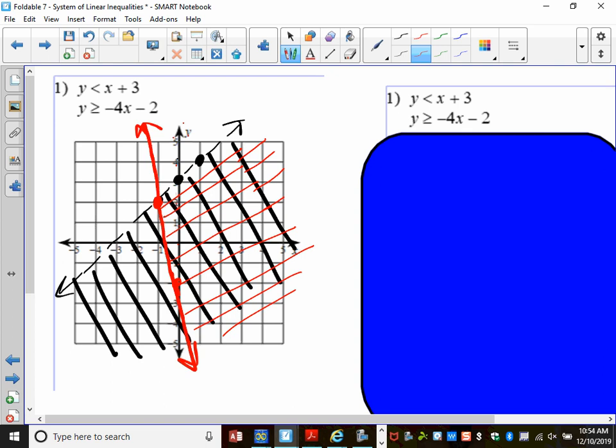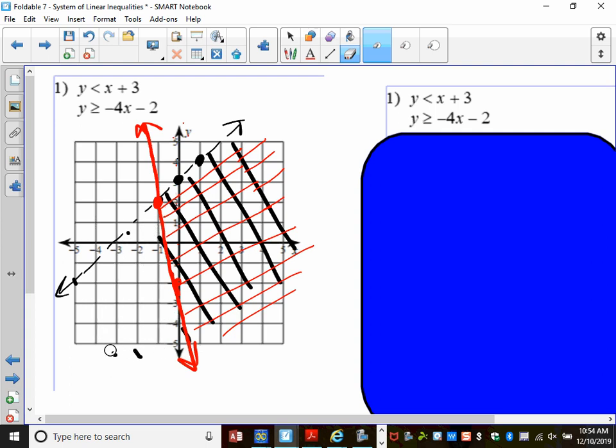And a lot of people don't even like to shade them until they can actually get a visual as to where they're going to overlap. And if you want to make it a very clean graph, then you don't necessarily have to have this stuff down here. Okay, but you can. So I just want you to know you can do it both ways. But again, on your SOL test, they'll just have where the two overlap one another.